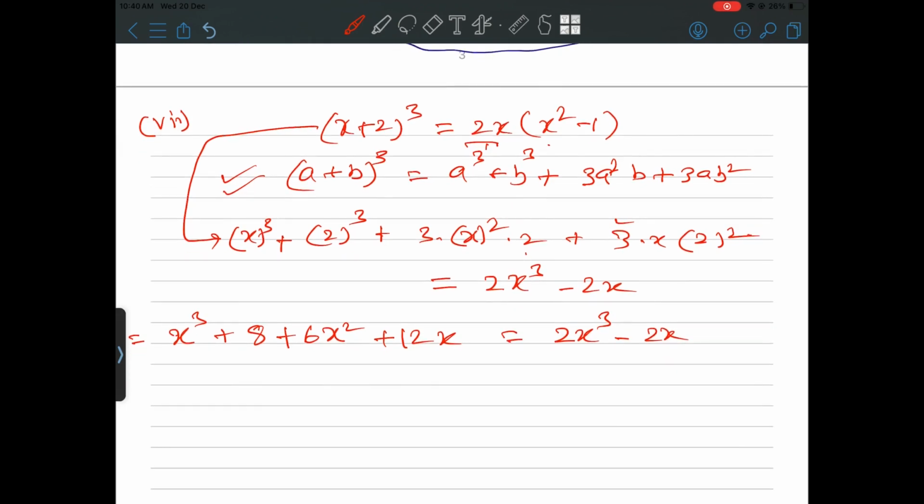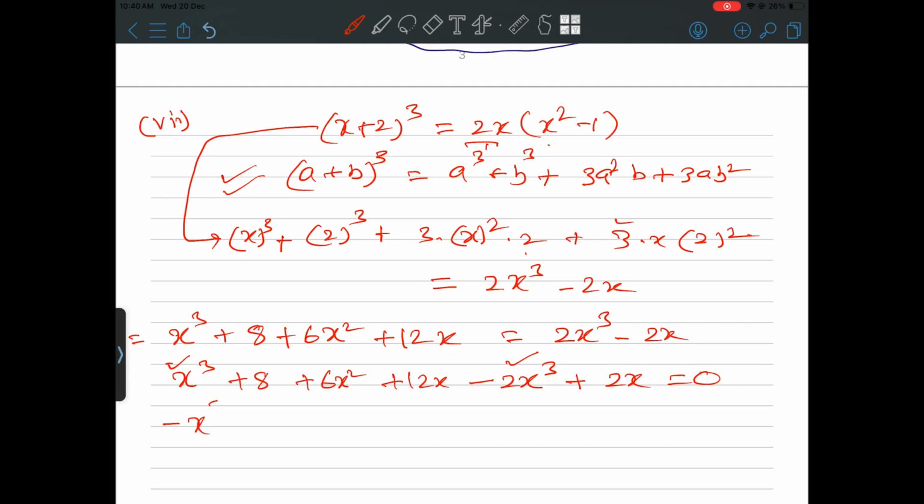Now bring all the terms from the right side to the left side. So what we find is x cube plus 8 plus 6x square plus 12x minus 2x cube plus 2x is equal to 0, right? Now combine all the cubes. So we have x cube, we have minus 2x cube.